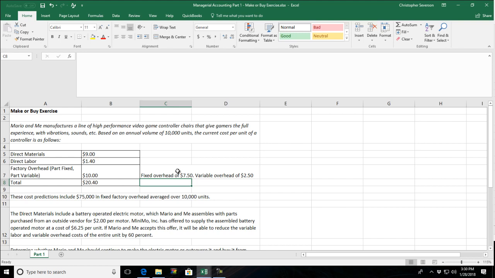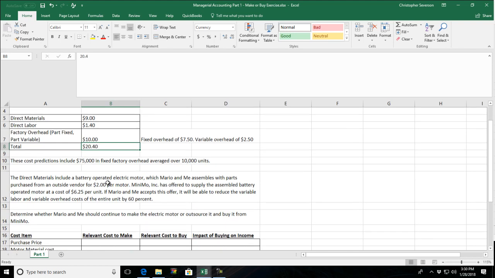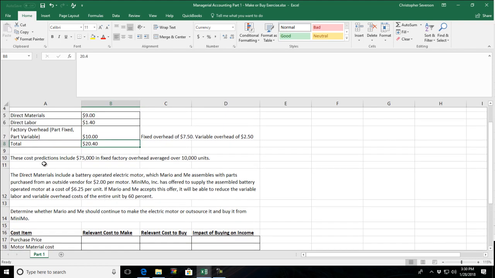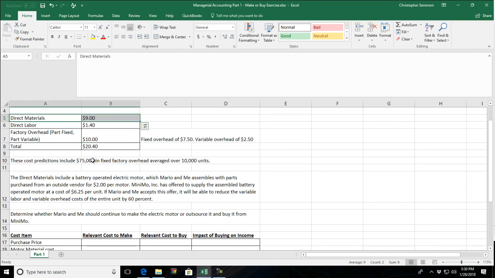So now we have our fixed and variable overhead, we have our direct materials and direct labor. Now notice, these costs are for the entire chair. Down below it says these direct materials, the $9 up above, include a battery-operated electric motor, which Mario and Me assembles with parts purchased from an outside vendor for $2 per motor.